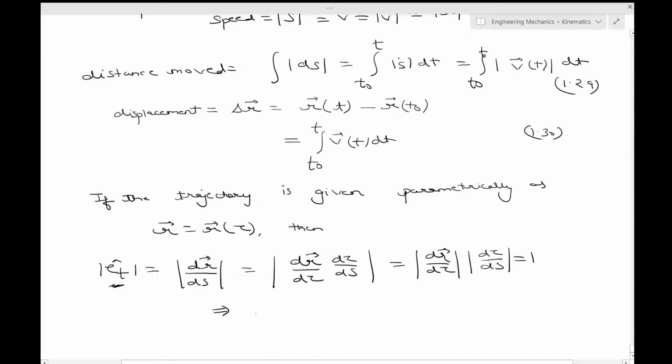So this would imply that d tau by ds is actually equal to 1 by dr by d tau.